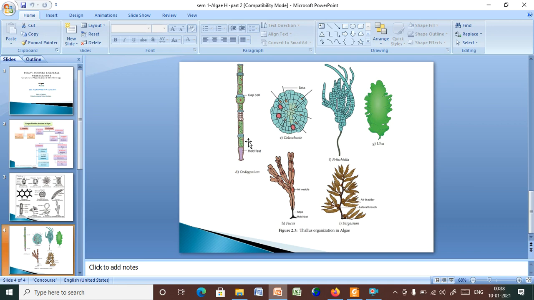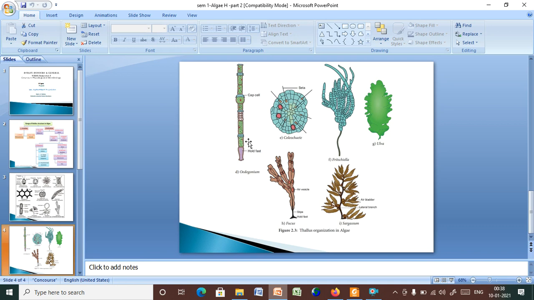Next, the advanced or complex type. Here, the thallus structure is much more complicated. Okay, and they form specialized reproductive structures, like you can consider the case of Chara, where there are two types of specialized reproductive structures, globule and nucule.